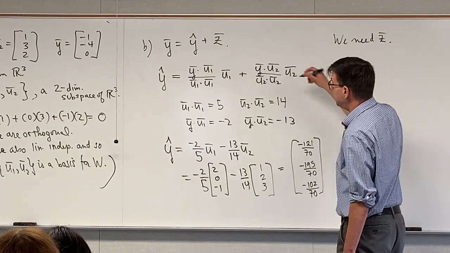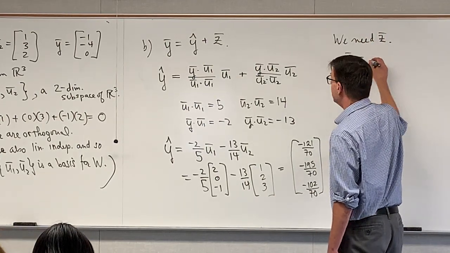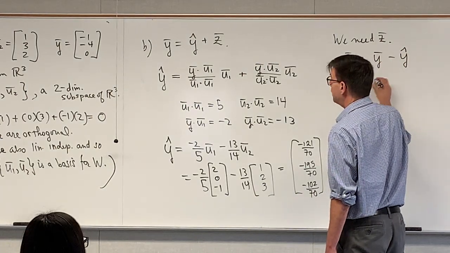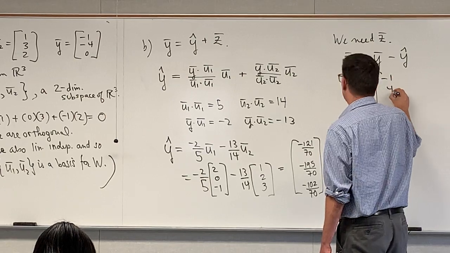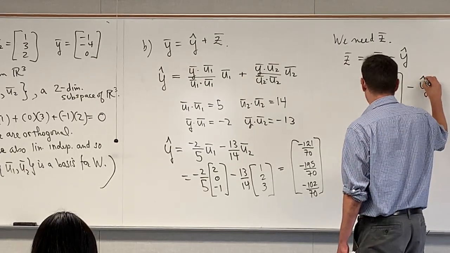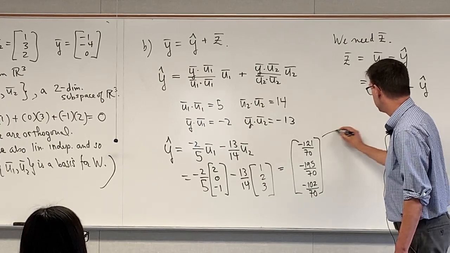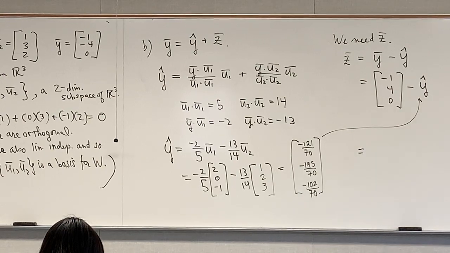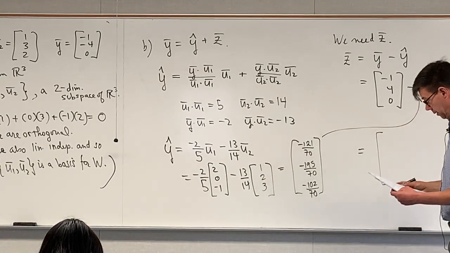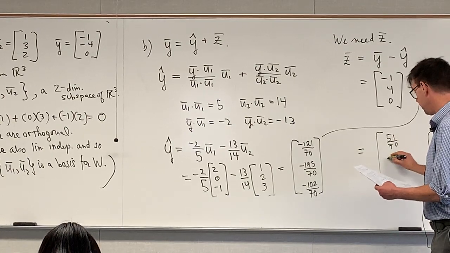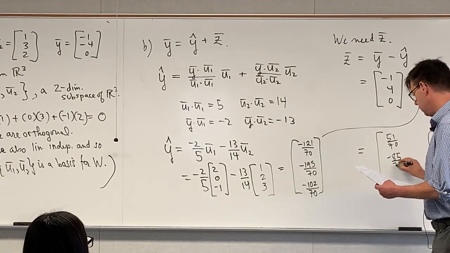And the way we're always going to get z is we're just going to take y minus y hat. So our little old -1, 0 minus, I don't even feel like writing that again. And that difference turns out to be 51/70.